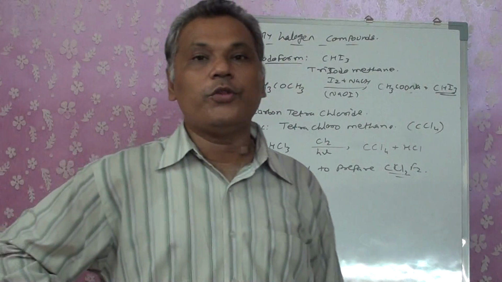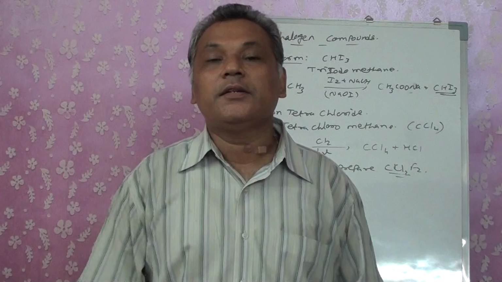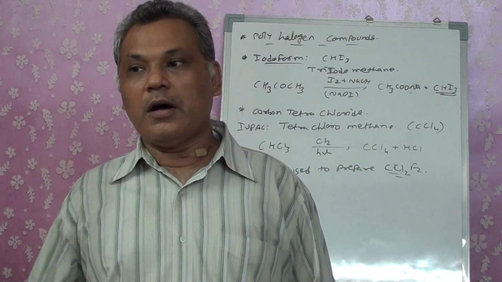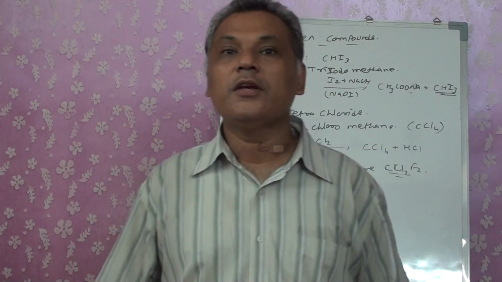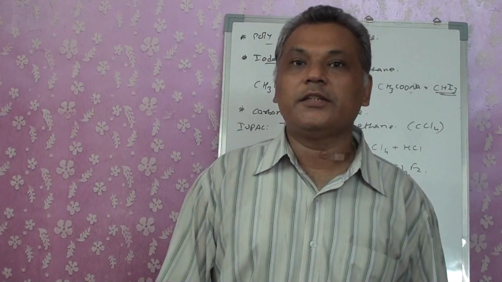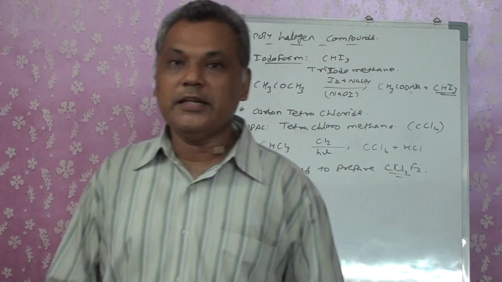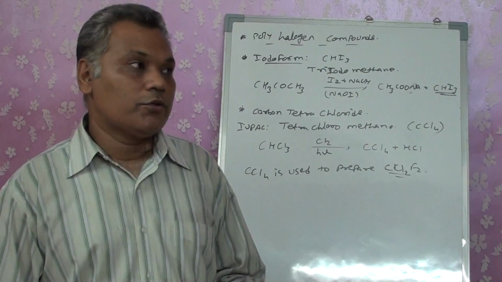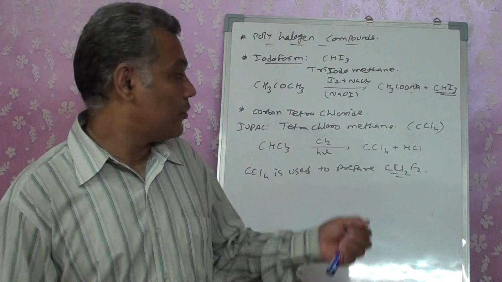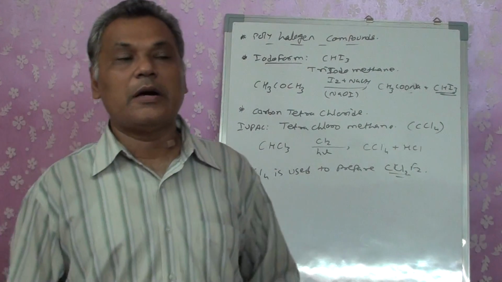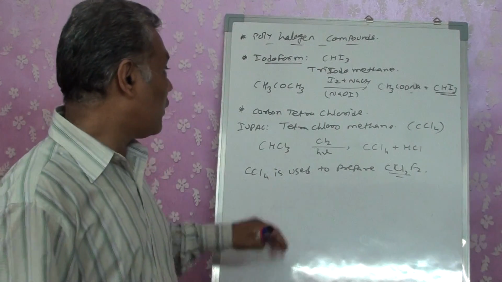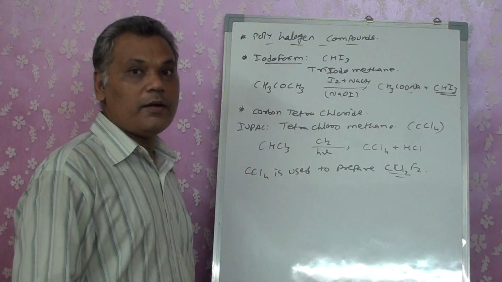When it goes into the atmosphere, it destroys the ozone layer, which is harming us. Harming the ozone layer allows ultraviolet radiation to reach the Earth's surface to a very large extent, which causes skin cancers, right. So by depleting ozone also, it has very major effects. So carbon tetrachloride should be used for minimum purposes, right.